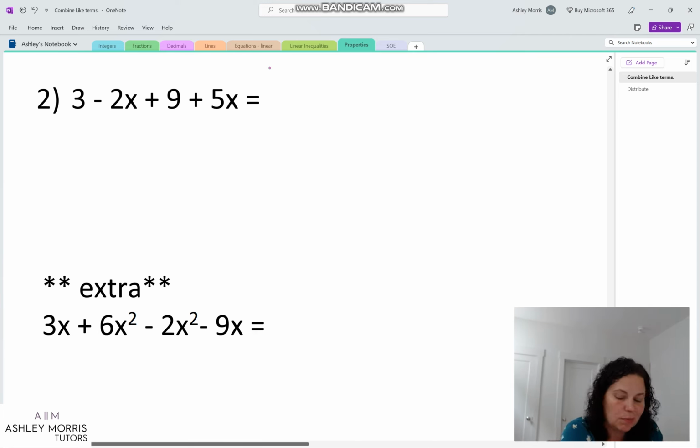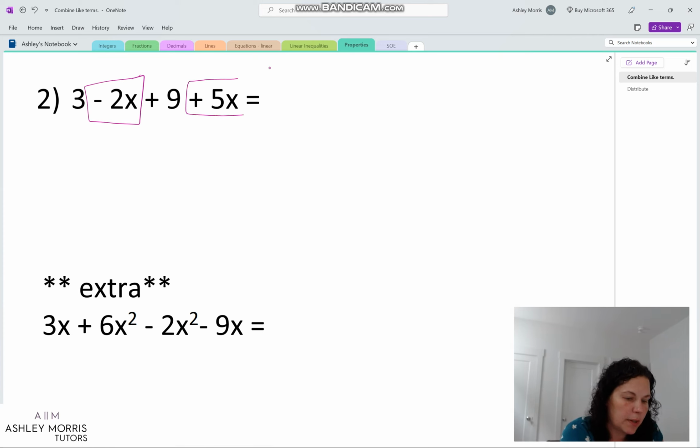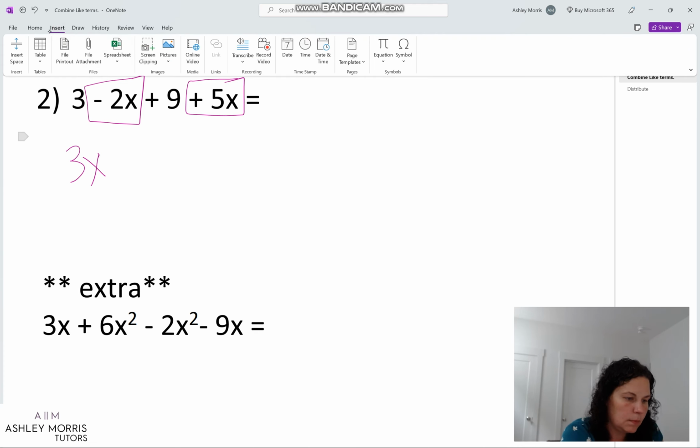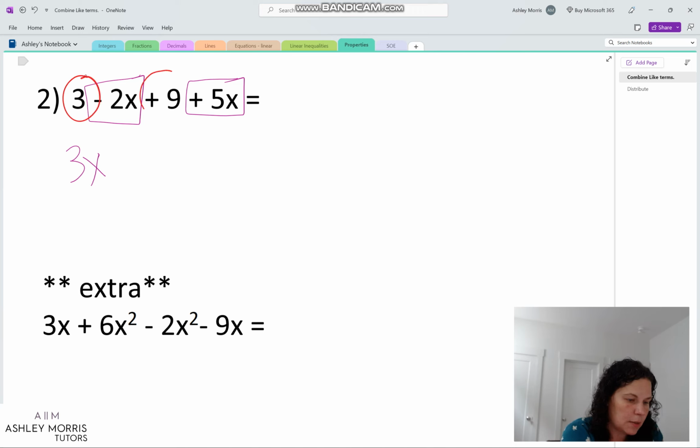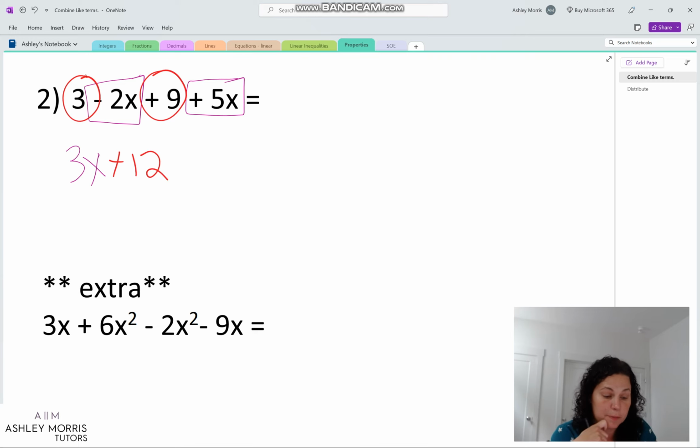It's just kind of a math convention. Negative 2x plus 5x gives me 3x. Different color. 3 plus 9. There's no x on that. 3 plus 9 gives me positive 12.